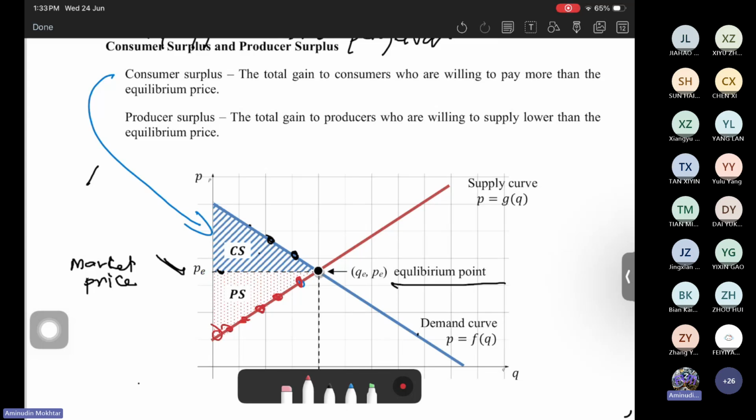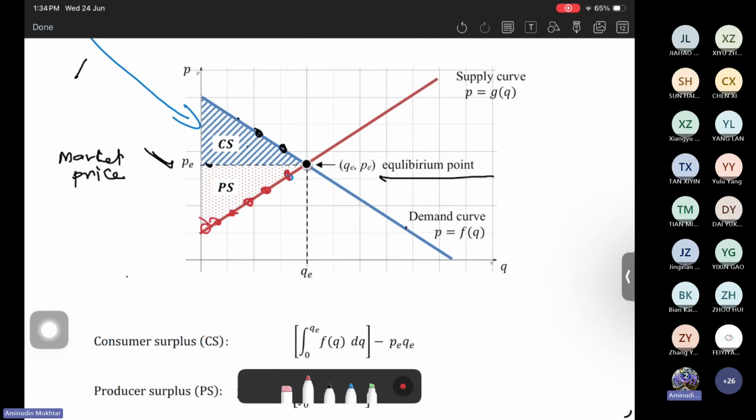And then the PE is the actual price that the seller receives from the market. When we move from left to right until the equilibrium quantity, the difference between the actual price received by the seller and the price that the seller is willing to receive, we call that area the producer surplus.